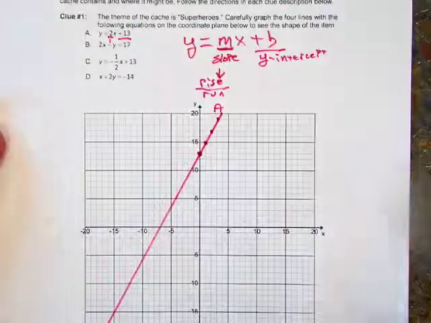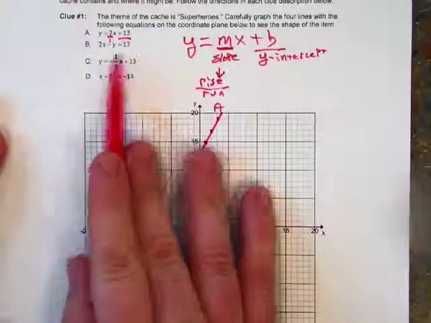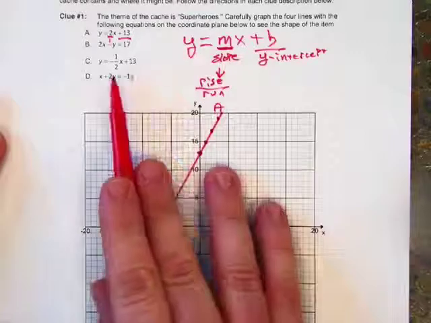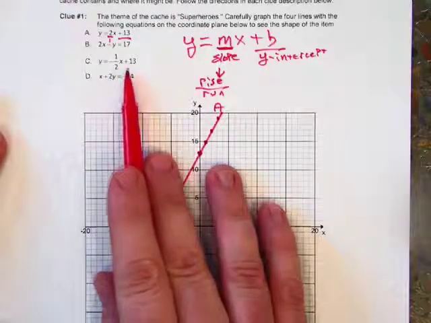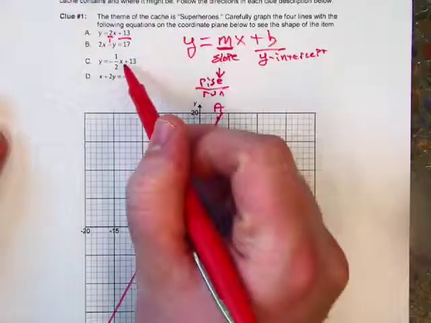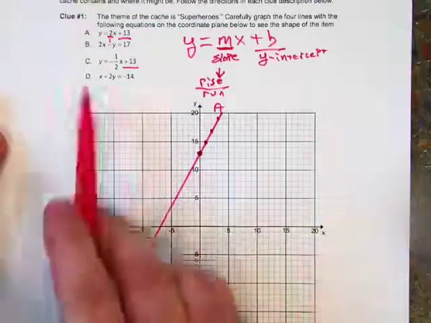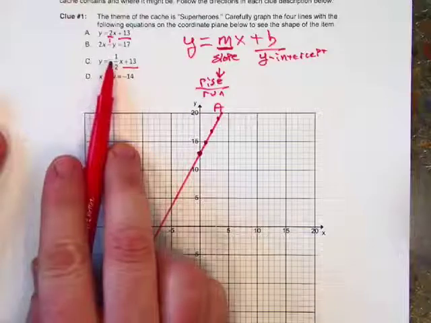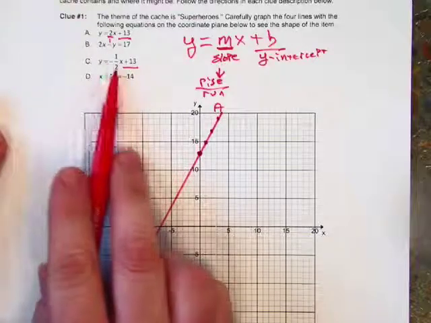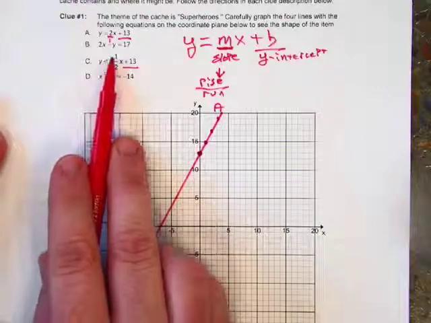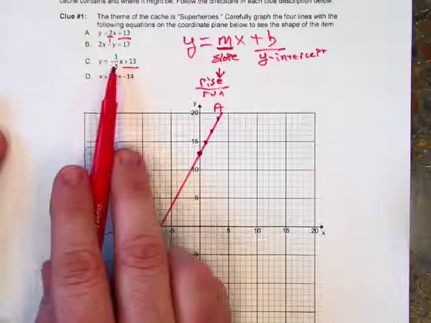Okay, now I'm going to skip B for now and go to C because C is also in the slope-intercept form. So here, our y-intercept is also 13. So it's going to cross right there, only the slope is -1 over 2. So that negative can go on either number. Doesn't matter which one, as long as it's only on the top or the bottom.